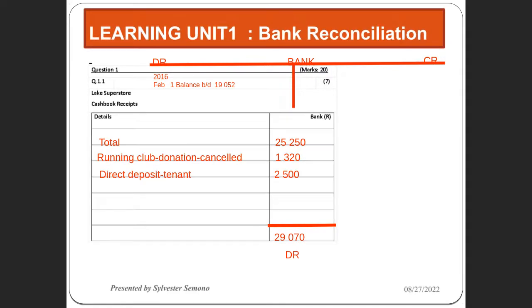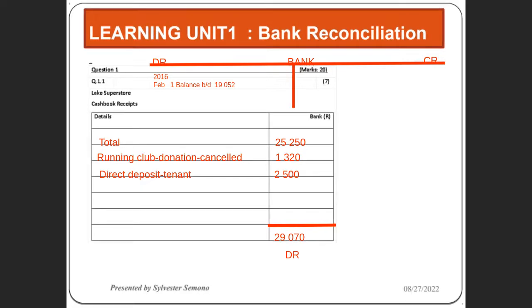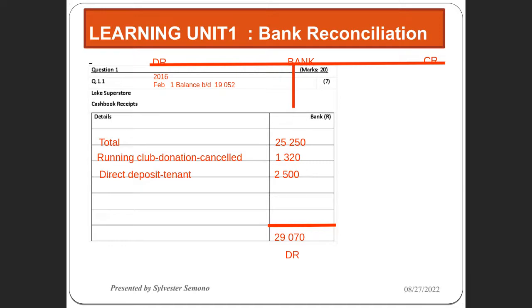Must say total receipts. And I must also show that I took it from the CBR, and the total receipts for the CBR is this one at the bottom here, 29070. I'm going to say 29070. Can you see how it looks now?